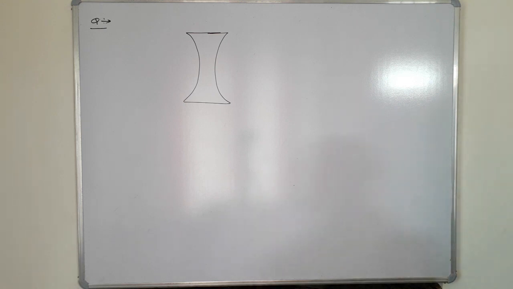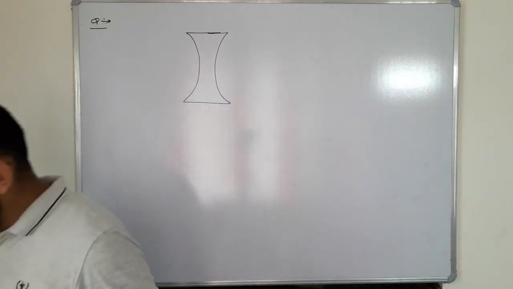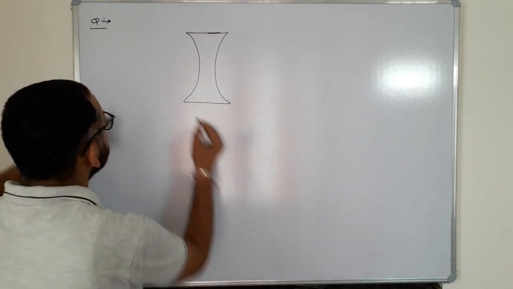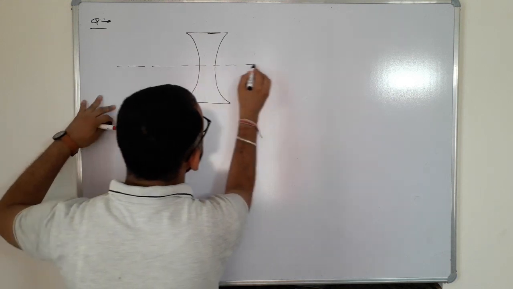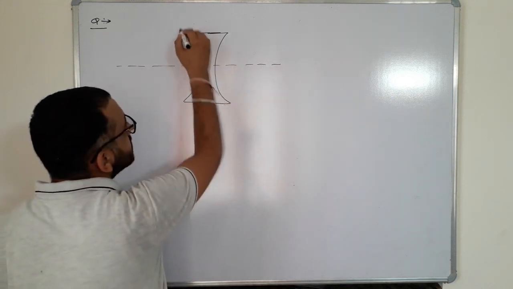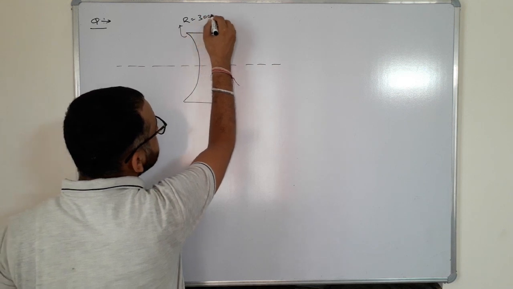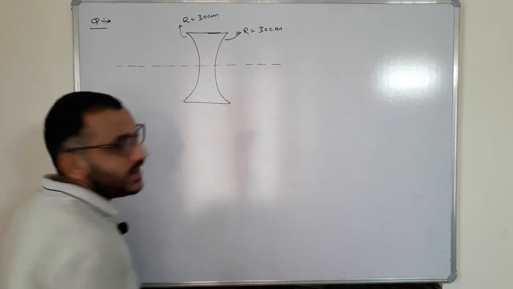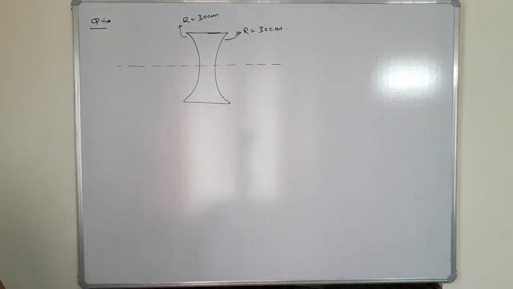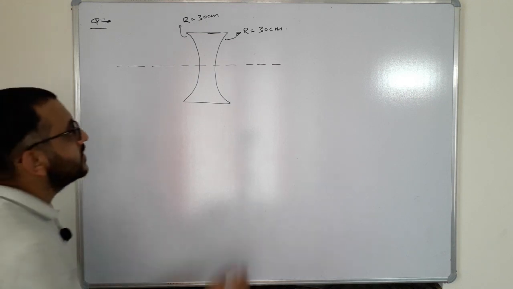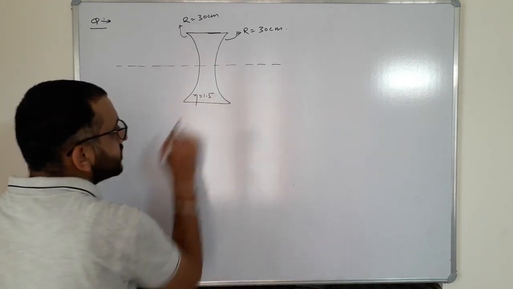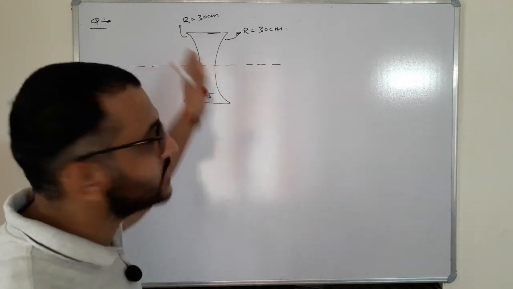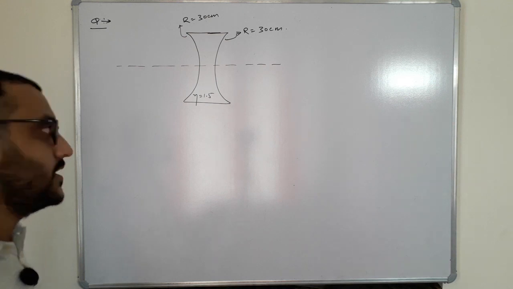Okay, let's do some examples on this lens maker formula. The question is that we have given a concave lens, and it is given that the radius of curvature of this part is 30 centimeter and of this part is also 30 centimeter, and it is also given in the question that refractive index of the material is 1.5.